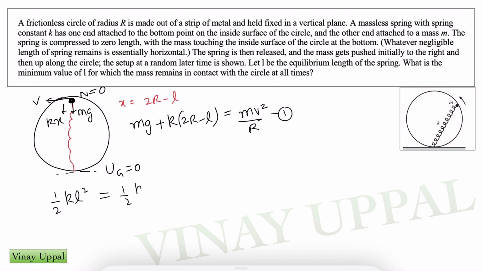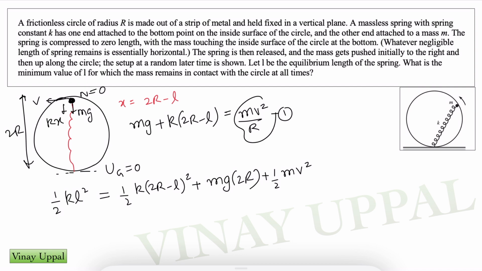And finally the spring energy would be half k into extension, 2r minus L, the whole squared. Gravitational potential energy would be mg into 2r, the height is 2r, plus half mv squared, final kinetic energy. So this is basically energy conservation.